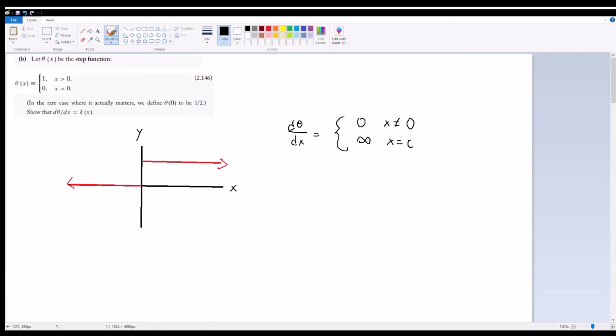So when x does equal 0, this is infinity. This is literally just the definition of a delta function, because our Dirac delta function is literally defined as 0 when x doesn't equal 0, and infinite when x does equal 0. I'm not too sure why this is even a question in the first place, because this is just very obviously true, but so be it. This is part B.